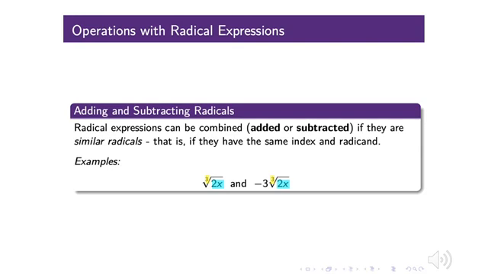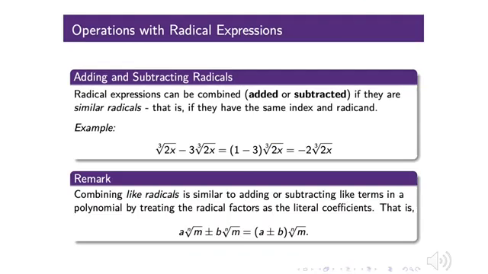For instance, the cube root of 2x and negative 3 cube root of 2x are like radicals since they have the same index 3 and radicand 2x. Combining the two radical expressions, we obtain negative 2 cube root of 2x.